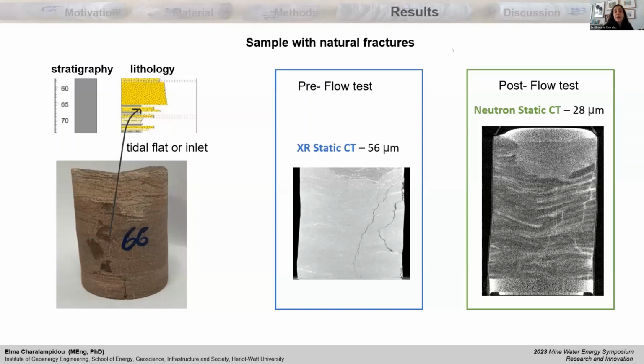When we compare this cross-section with that coming from a neutron static tomography after the post-flow test, we see that these fractures are mainly covered by bright colors, which are indicative of water, so they're saturated with water. Some layers that interact with these fractures also start getting brighter colors, and the top part of the sample, which was a lower density material, also gets fully saturated.